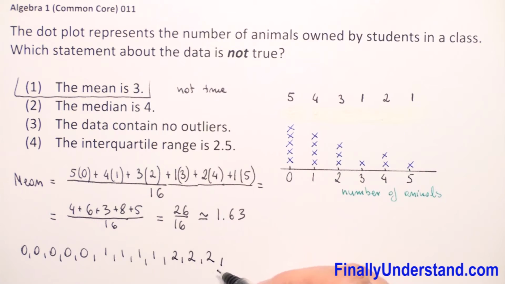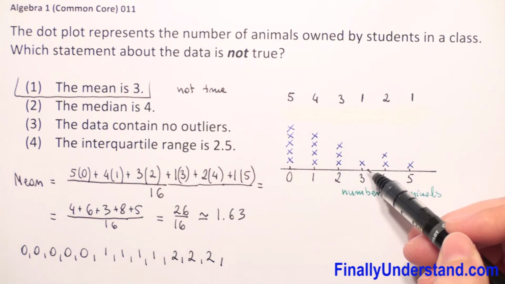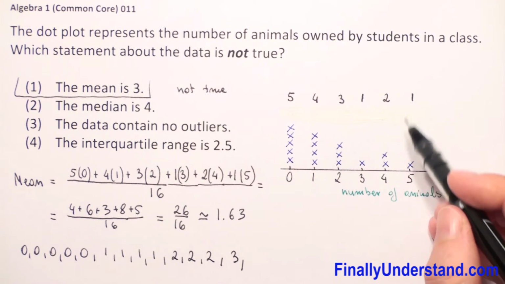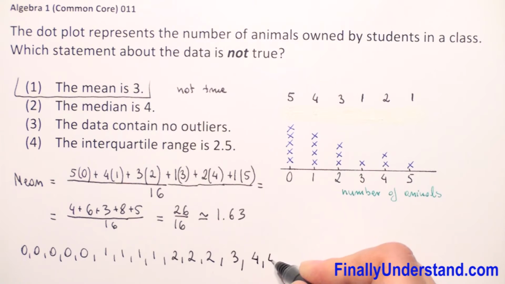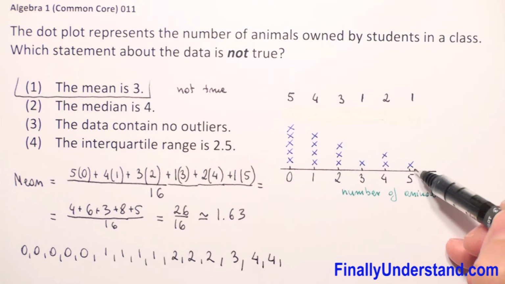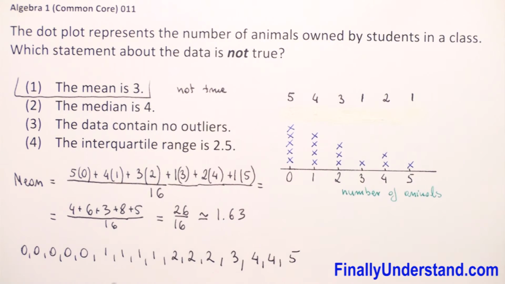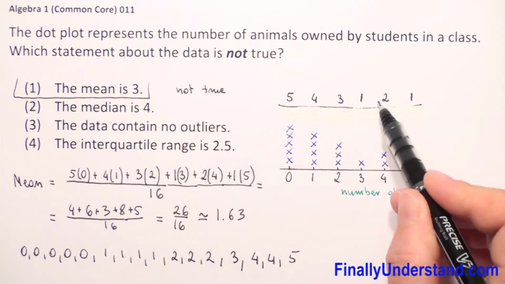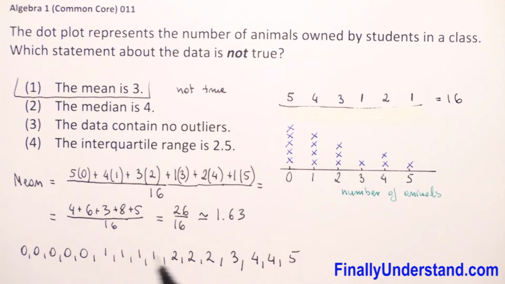Next, 1 student has 3 animals, so we have 3. 2 students, 4 animals, so we have 4, 4. Next, we have 1 with 5 animals. We should have 16 data points because we have 16 students here. When we add these numbers, we have the total number of students. This is 16: 1, 2, 3, 4, 5, 6, 7, 8, 9, 10, 11, 12, 13, 14, 15, 16. So everything's okay.